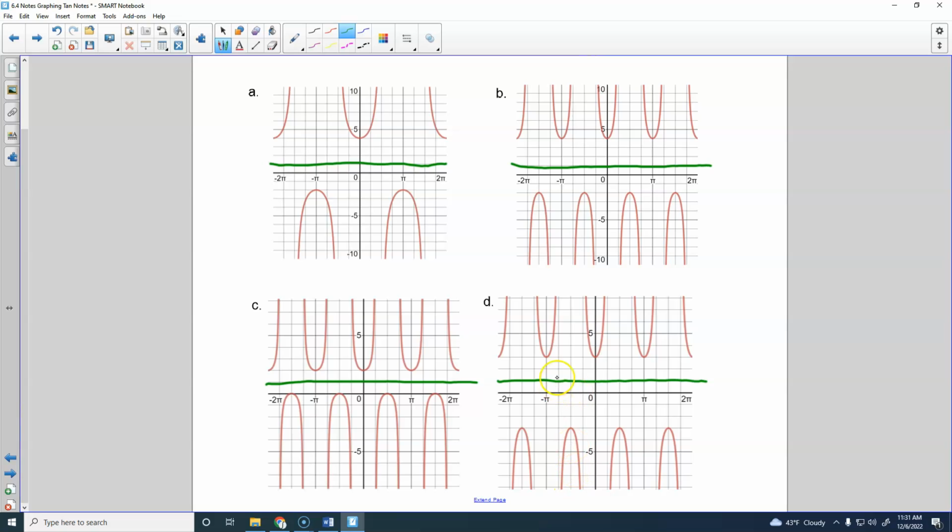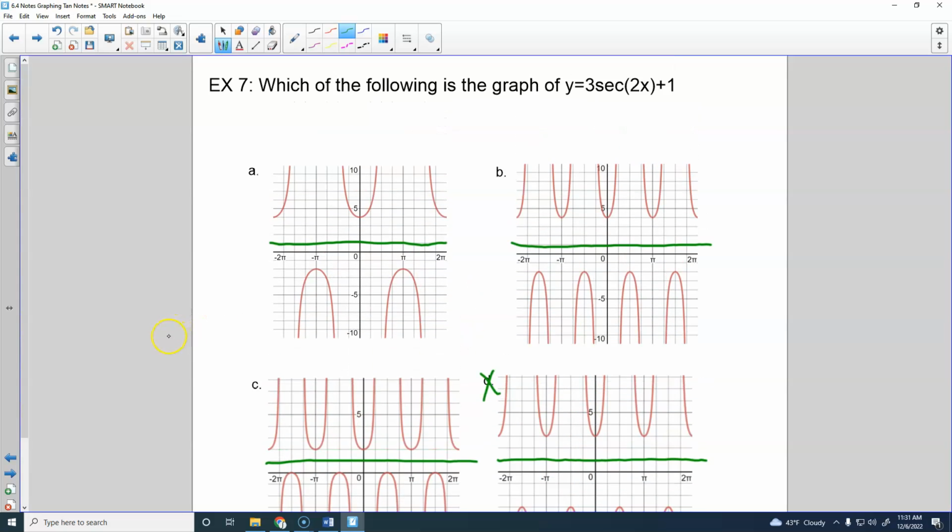D's out because that does not look like the midline for that one. Then secant doesn't have amplitude necessarily, but you can think about graphing the secant as 1 over cosine, right? So the amplitude here would be 3, so the distance that these points are from your midline should be 3. That takes out C, right?